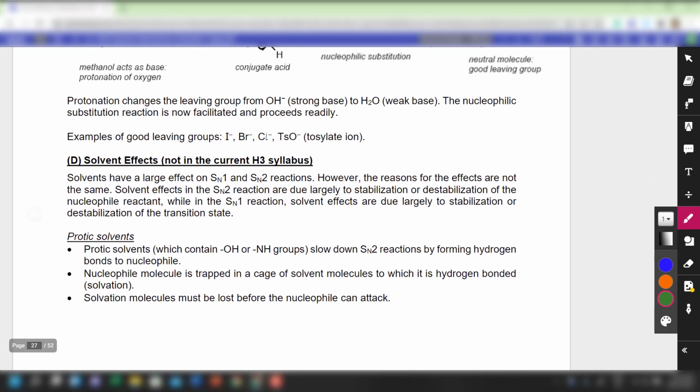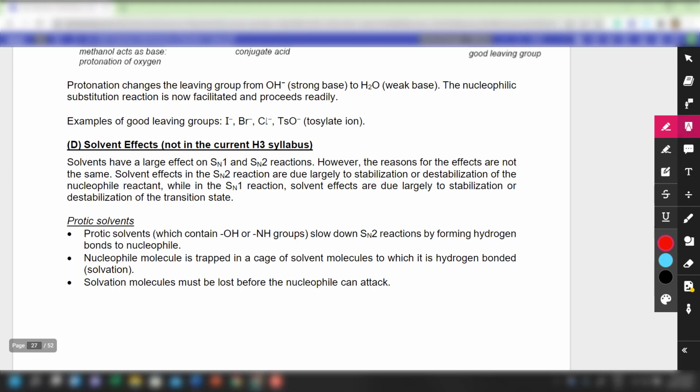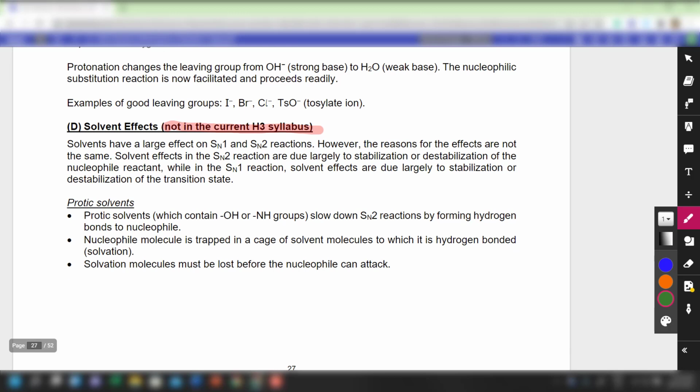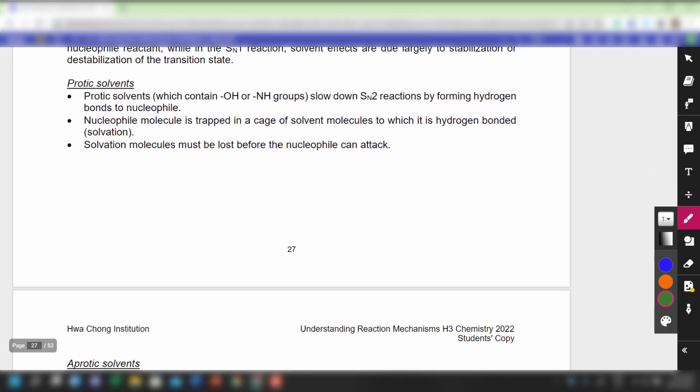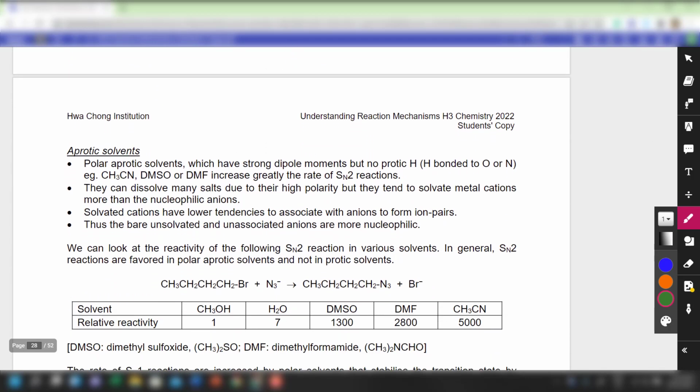Solvent effects, I need to highlight, are not in the current H3 syllabus, but we have gone through that in section D in our guided inquiry, so you can read about that. Here we focus on protic solvents, which are capable of forming hydrogen bonds with the substrates or the nucleophile, and polar aprotic solvents, such as cyanomethane and DMSO.